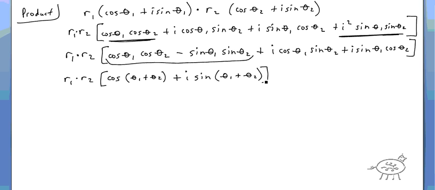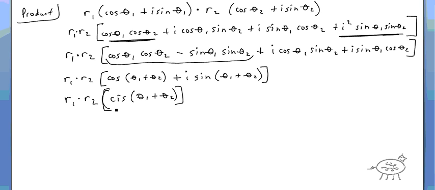Okay, so that's the derivation for product. And then of course I can just write this, if I want to simplify it, R1 times R2 times cis of theta 1 plus theta 2.